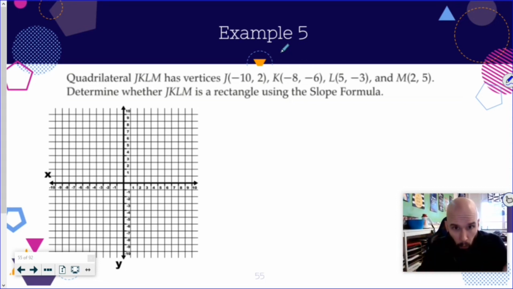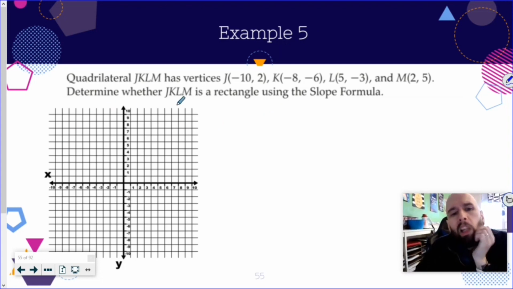Perpendicular slopes are negative reciprocals of each other. So this is what I'm looking for. I need 2 lines that have the same slope. I need 2 lines that have a different same slope. And are those different slopes negative reciprocals of each other? If they are, I have a rectangle.